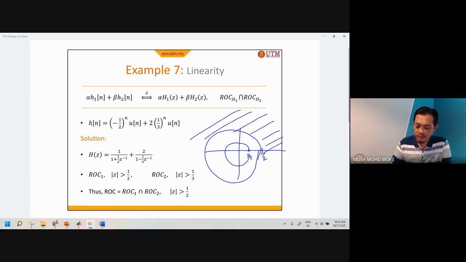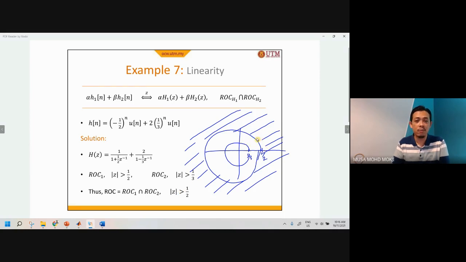Okay, so the first one, 1/3 is somewhere from here going up, going to the outer ring, and this is 1/2. So the area which overlaps will be your final ROC. Okay, so only |z| greater than 1/2.